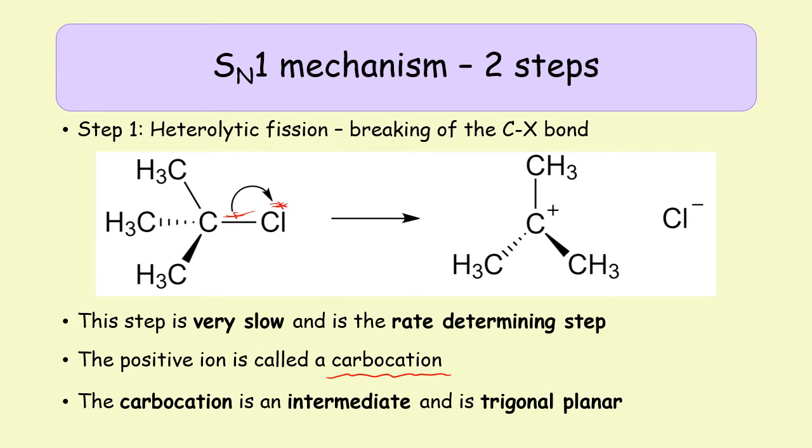And the carbocation is an intermediate, and it is trigonal planar. It's really important that you remember, because it is trigonal planar, it is a flat molecule, which means that both sides of the molecule are open space. So when the nucleophile comes in to attack the molecule, it can do so from either of those free sides.